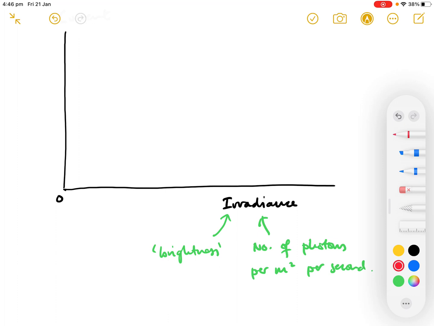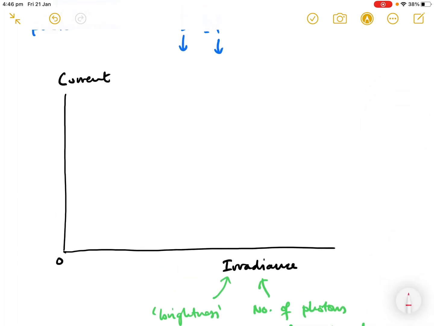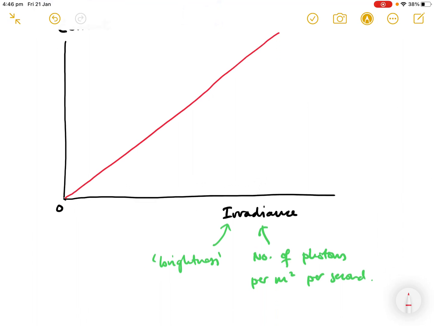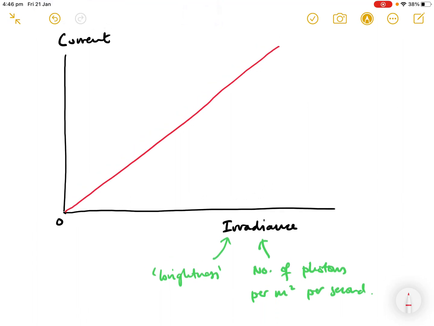And what we find with irradiance is that we get a nice linear relationship. So it's a straight line relationship. Double the irradiance, double the photocurrent. That shouldn't be a great surprise, because if you have let's say 1 square centimetre of zinc to receive the ultraviolet light, and you've got a certain number of photons arriving per second, each photon causes a photoelectron.